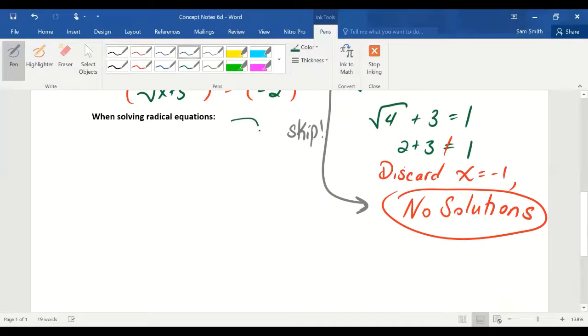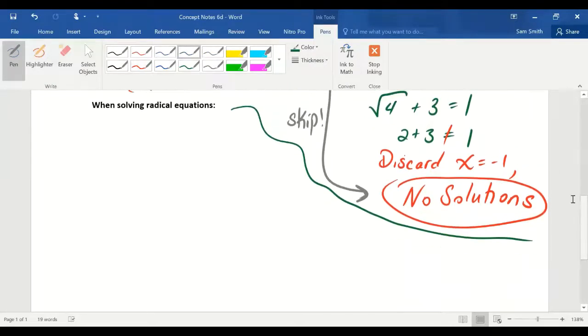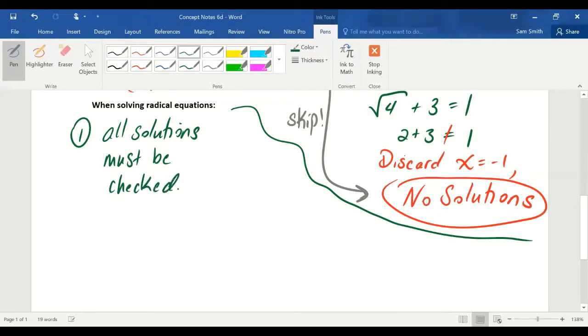Okay, so when solving radical equations, just a few things to keep in mind. First of all, solutions must be checked, and not in any other equation that you have been messing with. They must be checked in the original equation.